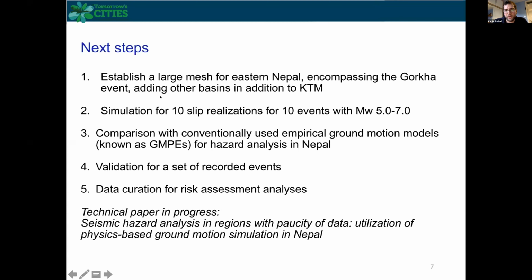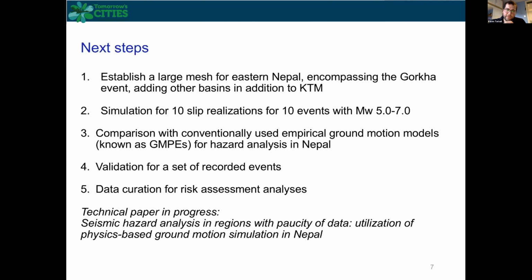So though none of those models are specific to Nepal, the idea is to utilize physics-based ground motion simulation to represent the characteristics of the hazard, seismic hazard in Nepal, and also compare with the conventional approach in order to highlight the inadequacy of any of these models, most likely an inadequacy in not representing the site region-specific characteristics through the empirical approach. We will need to do validation for a set of recorded events that are chosen.